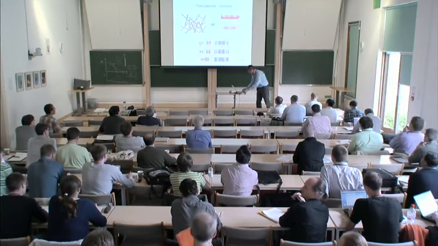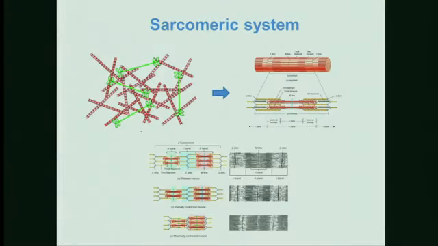All right. So we have seen this morning the complexity associated with multiple actin filaments interacting with molecular motors and different cross-linkers. So the geometrical complexity of the system is enormous. Now, what is the simplest system of this type? Probably the sarcomeric system that we observe in skeletal muscles. This system is practically a crystal.